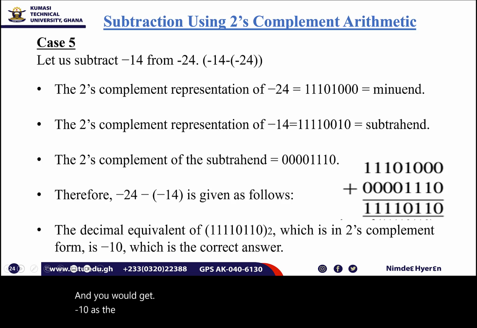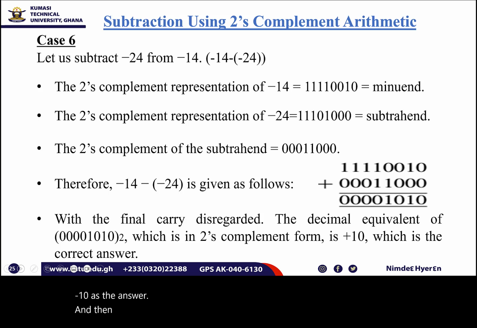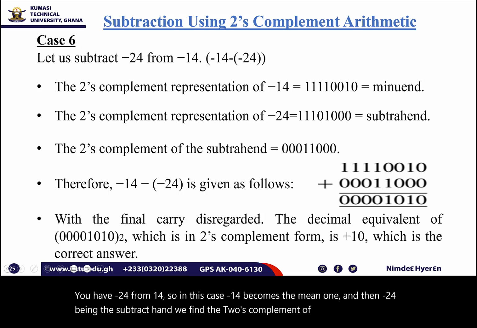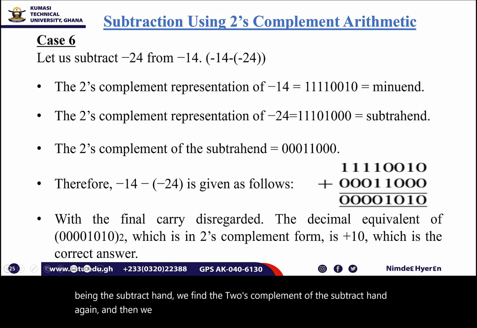And then similarly for case 6, you have minus 24 from minus 14. So in this case, minus 14 becomes the minuend. And then minus 24 being the subtrahend, we find the 2's complement of the subtrahend again, and then we perform that operation, and that will give us positive 10.